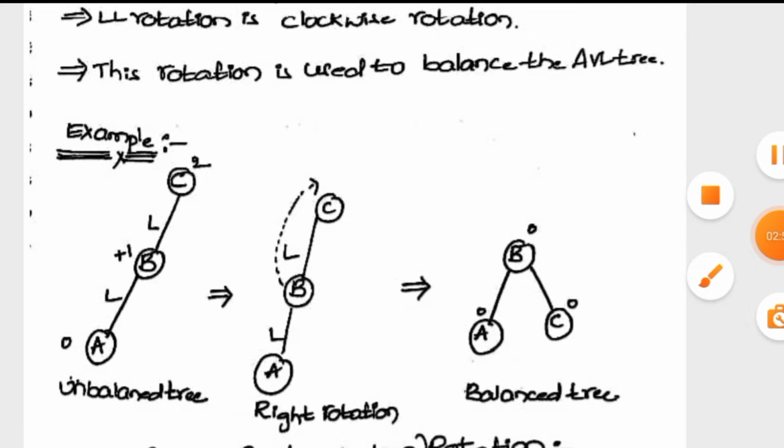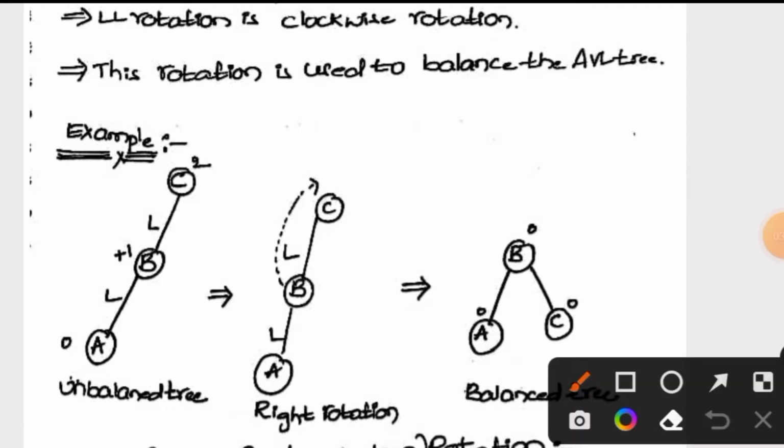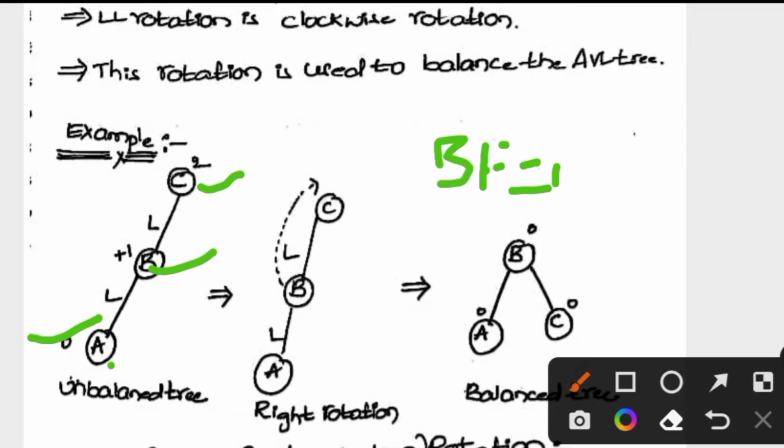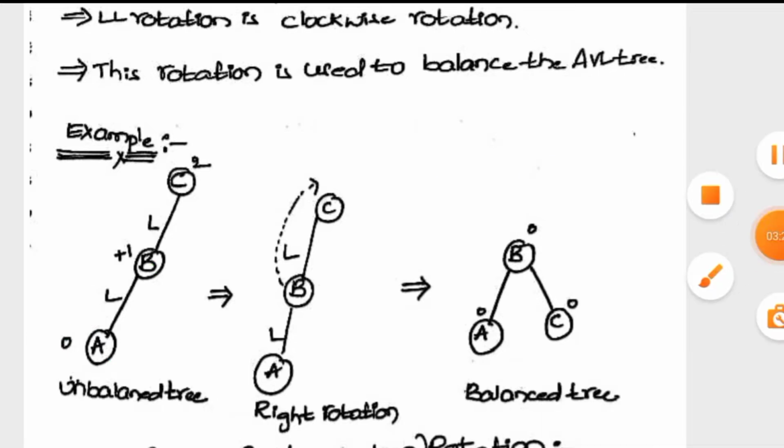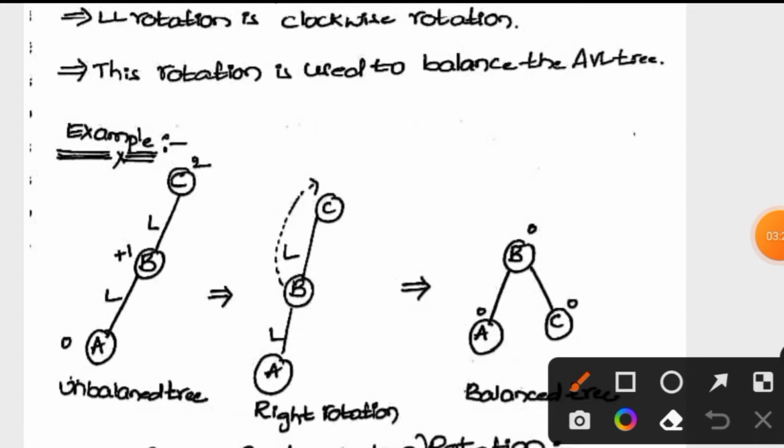In this example, there are left subtrees, and the nodes are C, B and A. First we calculate the balance factor of A. The balance factor formula is BF equals height of the left subtree minus height of the right subtree. For node A there is no left element and no right element, so the balance factor is 0.